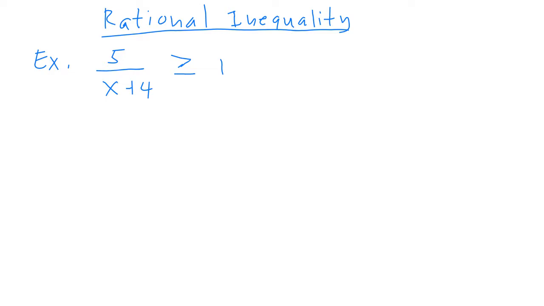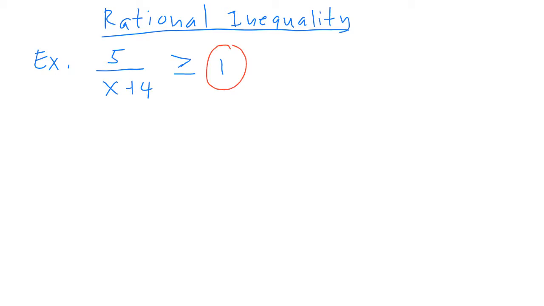Okay, so now you have to think about the steps in order for you to find the solution here. So as you can see, there is a 1 on the right side. You have to move that to the left side of the equation.